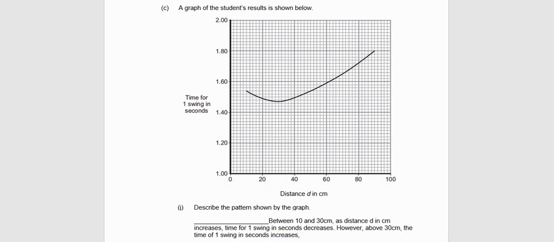And then optionally, you might want to use some data here. Up to a maximum of 1.80 seconds at 90 centimeters. That last part is not scoring, is not required in this case. But if it was a 3-mark question, would be worth extra marks.